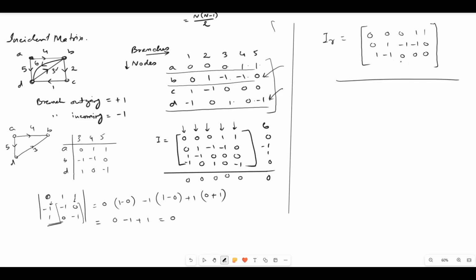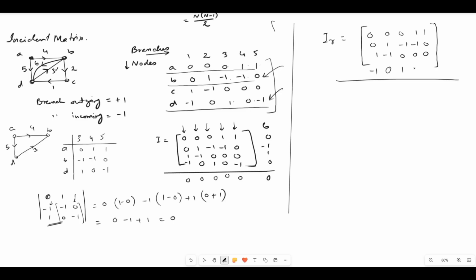So for example, if in the first branch the value is 1, in order to make it 0 we have to put a minus 1, so the value will be minus 1 for this. Then the next branch is already 0, so there will be no more values here. Then in the third case we have minus 1, so it will be plus 1.